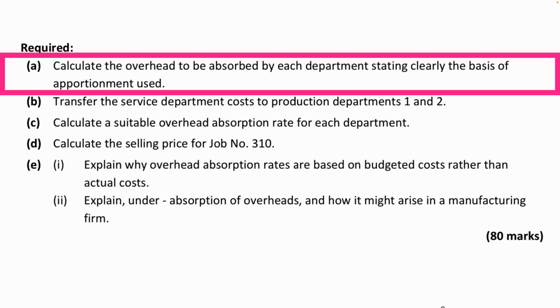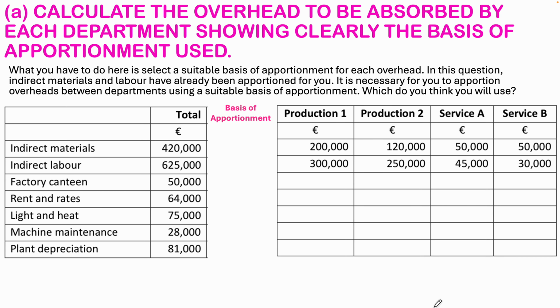Okay. So first of all, we'll just get stuck into calculate the overhead to be absorbed by each department, stating clearly the basis of apportionment used. Okay, so what does that mean, right? So apportionment, what you have to do here is select a suitable basis of apportionment for each overhead. So these are the overheads here. How can we split these up?